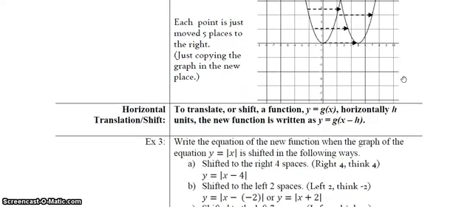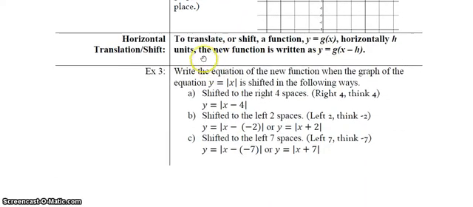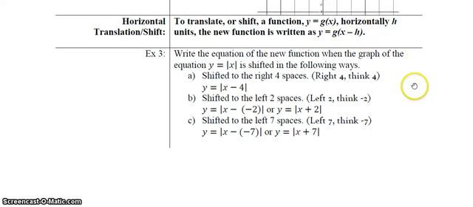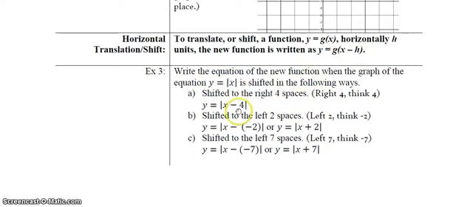Okay. And so the general rule to translate is just that. This is what it looks like. And again, horizontally, h units. Why is it horizontal? Notice it is tied directly to the x. So to shift the new function, whichever function happens to be absolute value, right 4 spaces: x minus, since it's right 4, we think positive 4. X minus 4. Left 2 spaces.